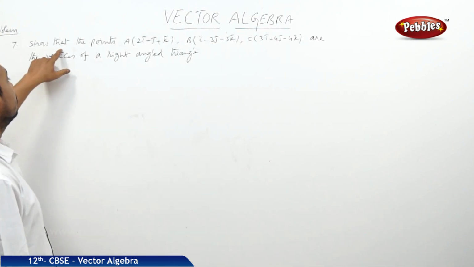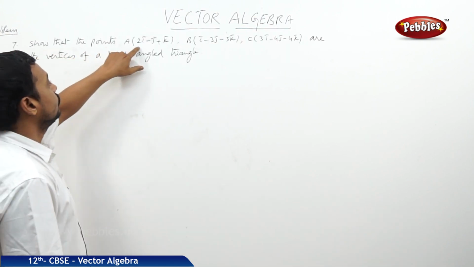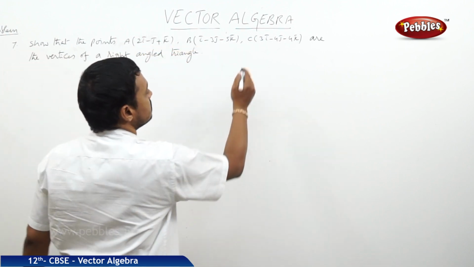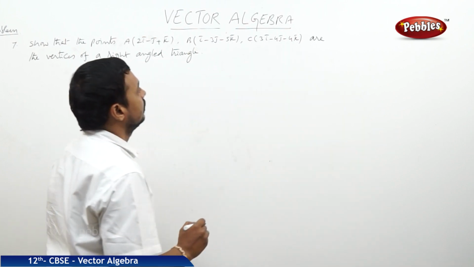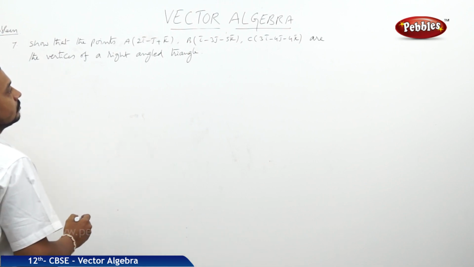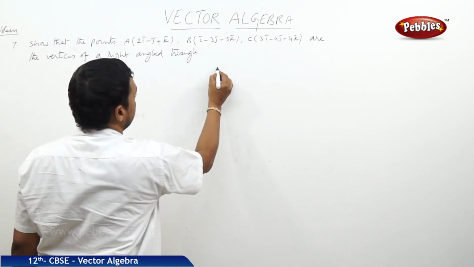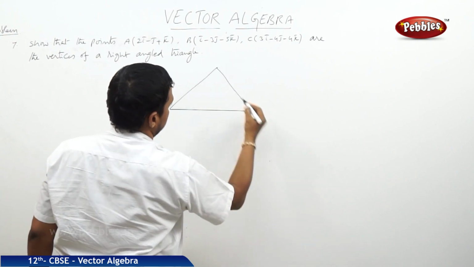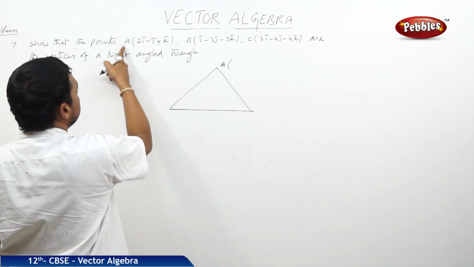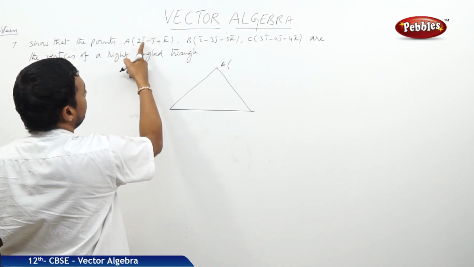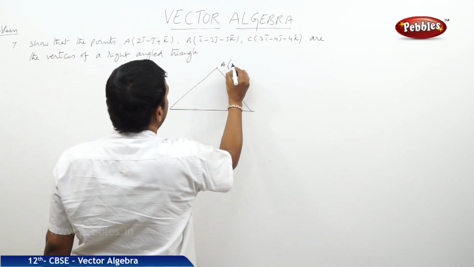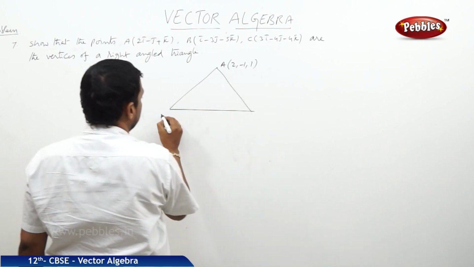Next problem: show that the points A, 2I minus J plus K, B, I minus 3J minus 5K, and C, 3I minus 4J minus 4K are vertices of a right angle triangle. Now let us prove these are the vertices of a right angle triangle. The position vector of A is 2I minus J plus K, hence the coordinates of A will be (2, minus 1, 1).